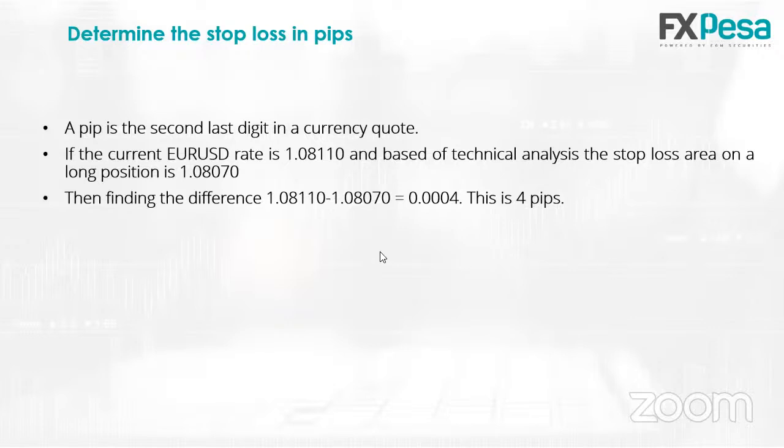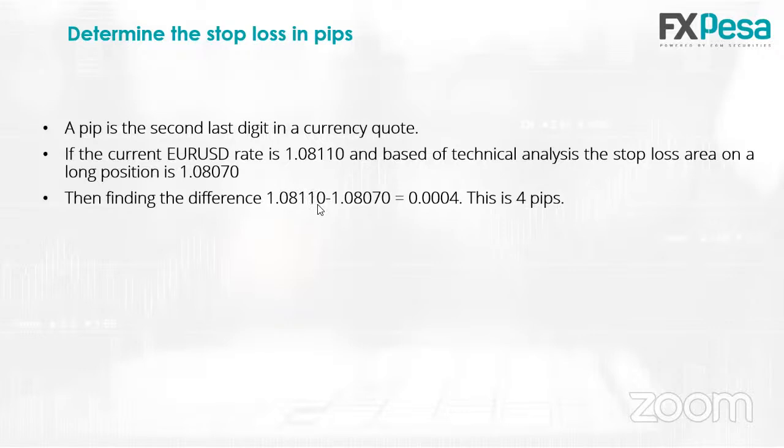Your pip is simply the second last digit in any quote, not only currency quotes. If it's 5 decimals, then you know it's the 4th decimal. If it's 3 decimals, it's the second, which is still the second last.